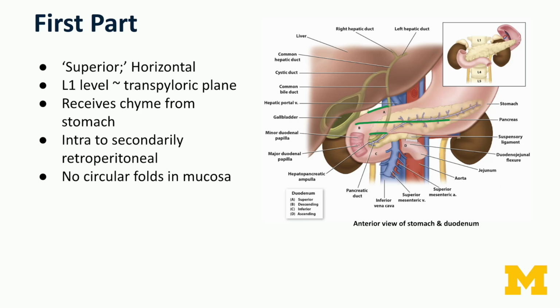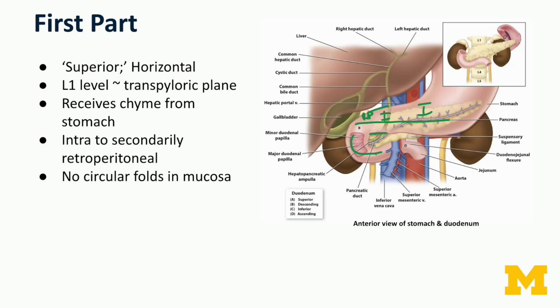The stomach is intraperitoneal. The first few centimeters of the first part is intraperitoneal, and then it transforms into retroperitoneal. And the remainder of the duodenum is retroperitoneal as well until we get to the ascending part, where it's going to transition back into intraperitoneal.